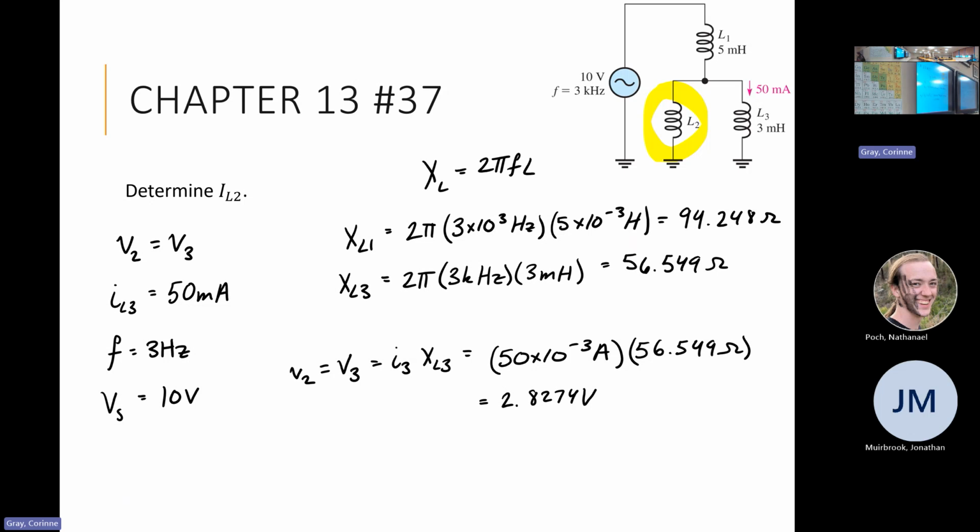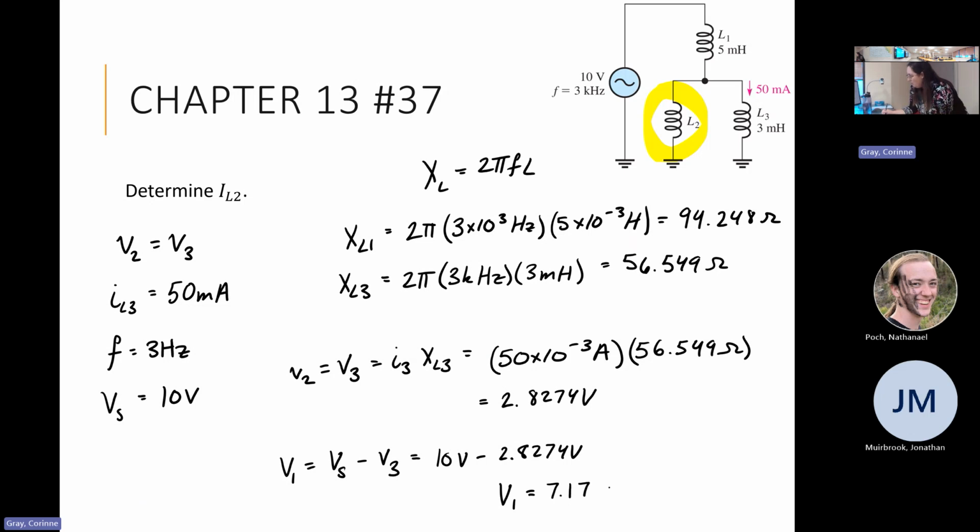So going through and rearranging this, we could have V1 is equal to Vs minus V3. So we'll have 10 volts minus 2.8274 volts, or V1 is equal to 7.17-ish volts.